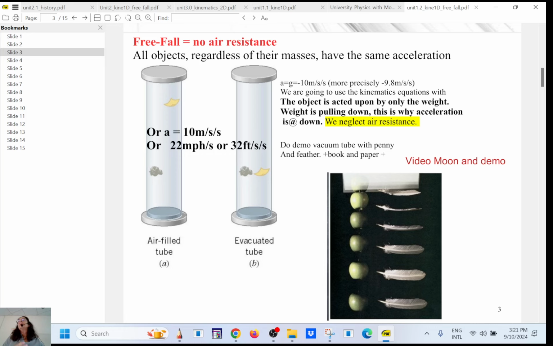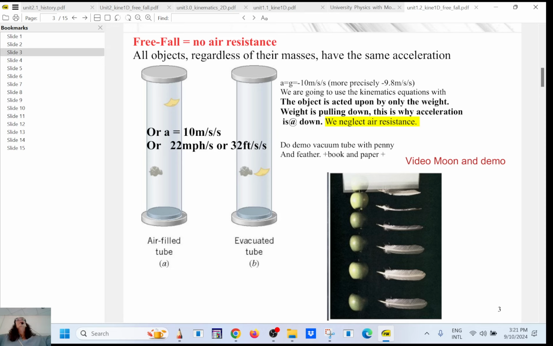So it's called g. The magnitude is 10, negative because it's down, 10 meters per second squared, or 22 miles per hour per second, or 32 feet per second squared. The only reason it doesn't work on Earth is because we have air resistance.